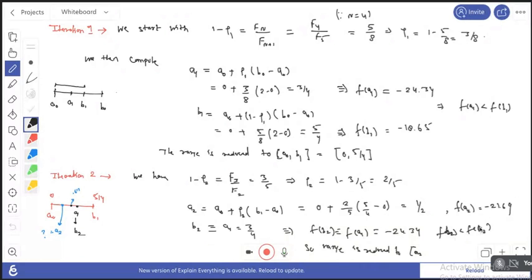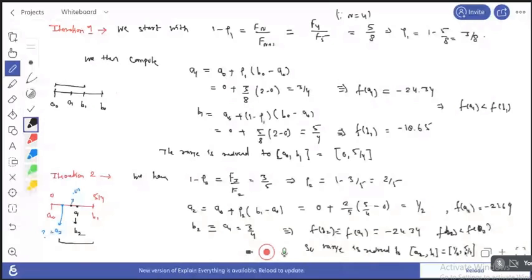This means your reduced range is from A2 to B1, not A0. A2 is the point half, and B1 is 5 by 4. So your range is reduced to this interval.